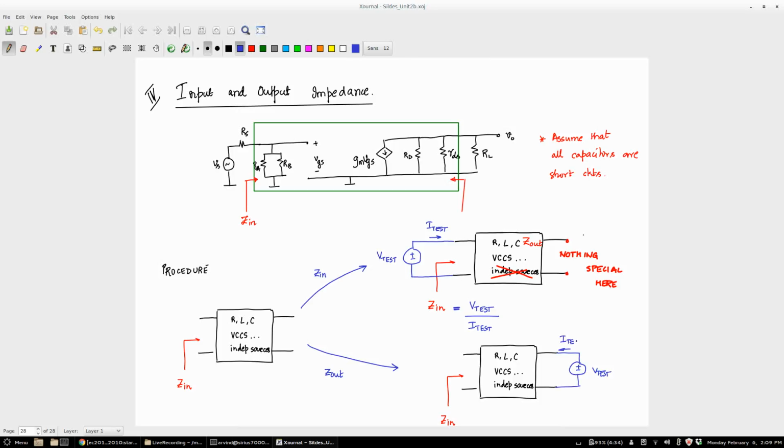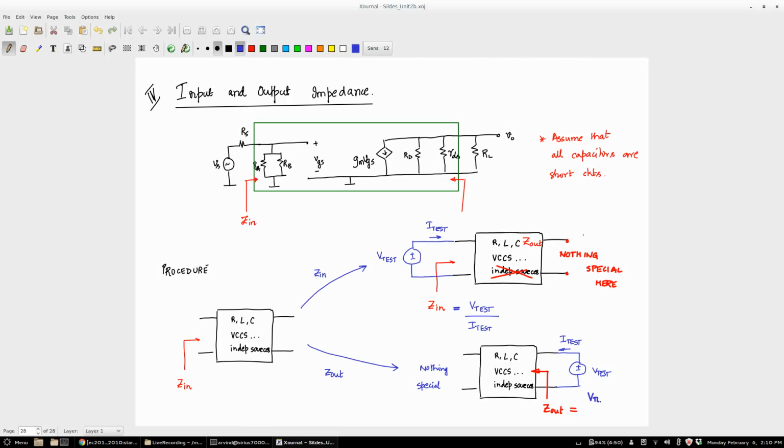Similarly, Z out. What will you do at the output? I'll take the output, and then I'm again going to energize with some V test. Measure what current is flowing, call it I test. Right?